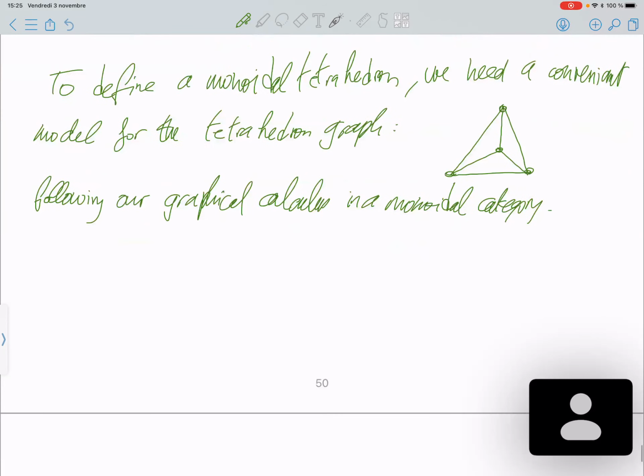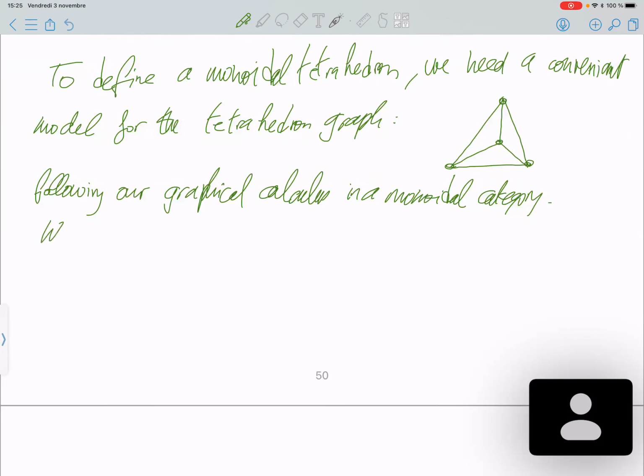And we choose to represent every vertex as a morphism of the following form.